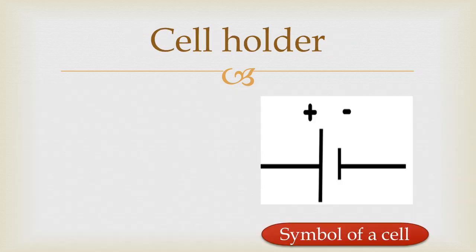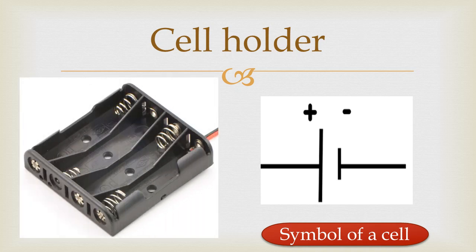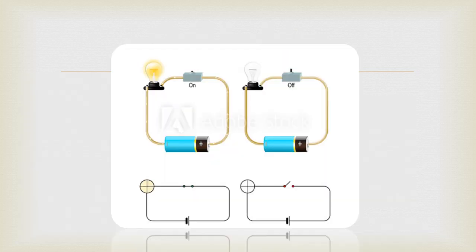Now students, here you can see the symbol of a cell, with a positive terminal and a negative terminal. On the right hand side you can see a picture of a cell holder. An electric circuit.